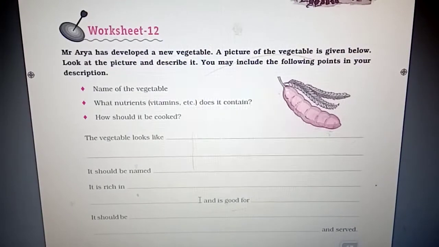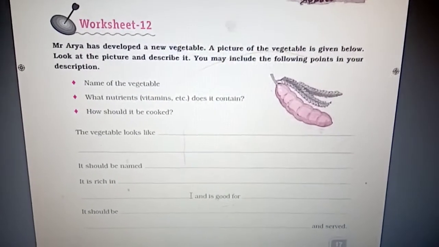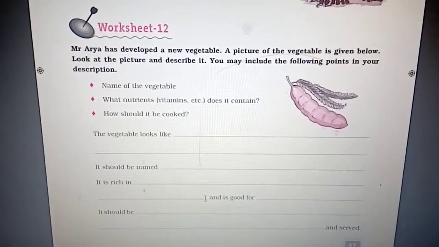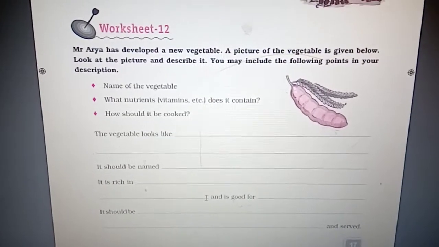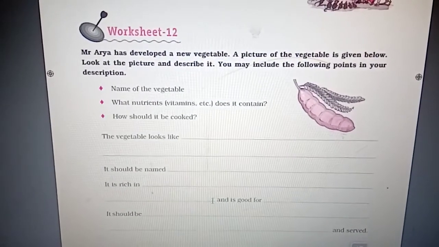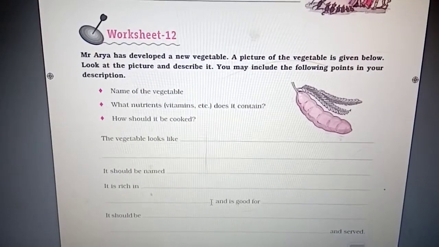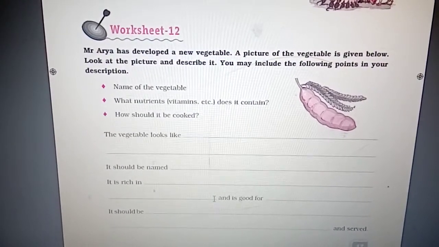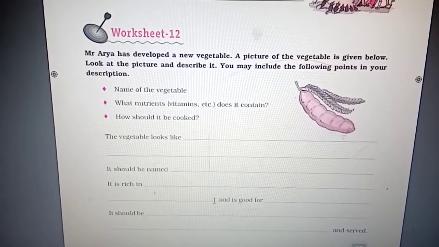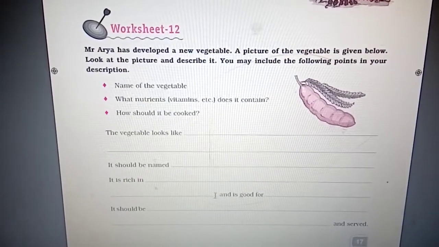In the previous lessons, we have studied the noun, pronoun, adjective, adverb, verb, preposition, and even conjunctions.